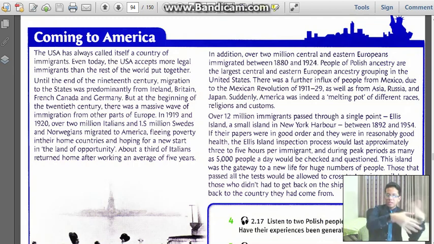So we have some discussion for a little bit. The picture from far away in black and white, on the screen you may not see it clearly, but in your book you can see it. That is the Statue of Liberty.